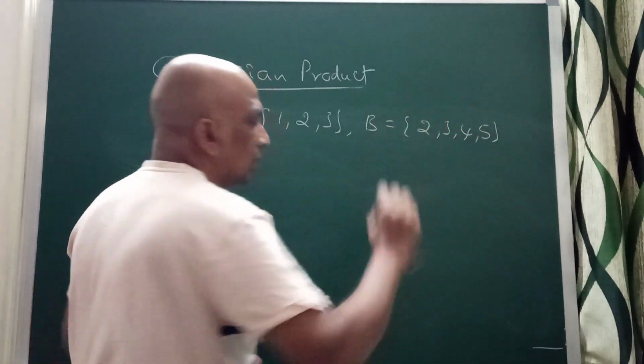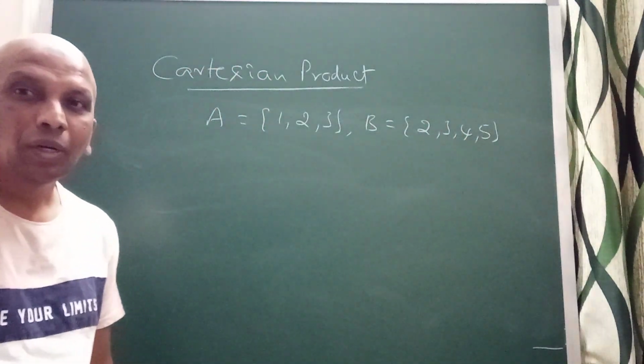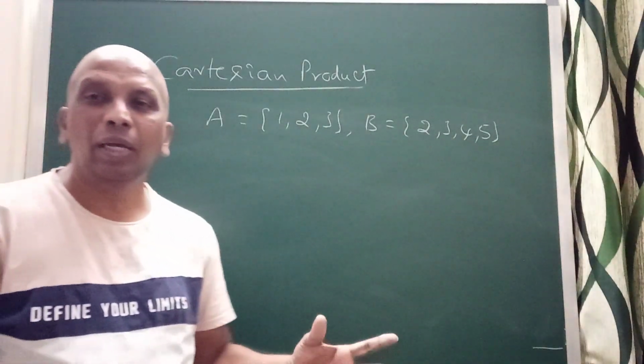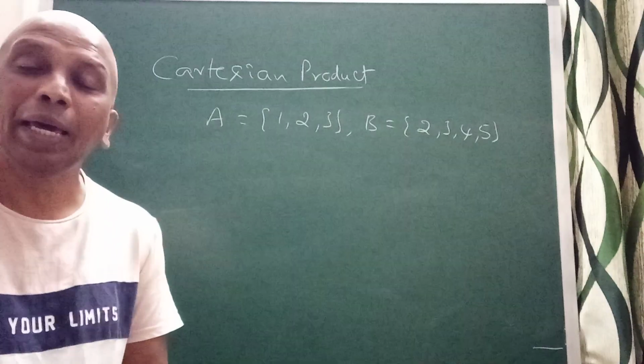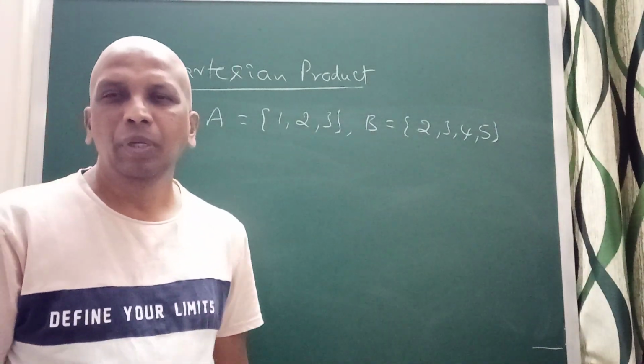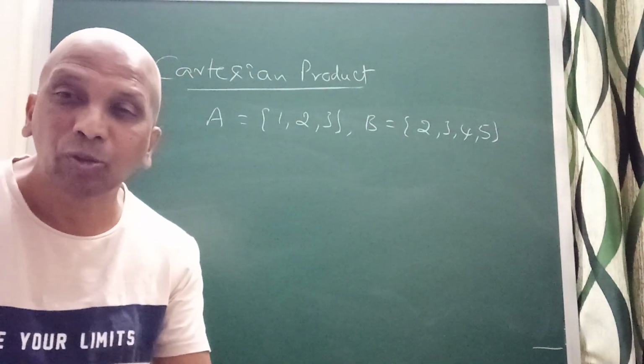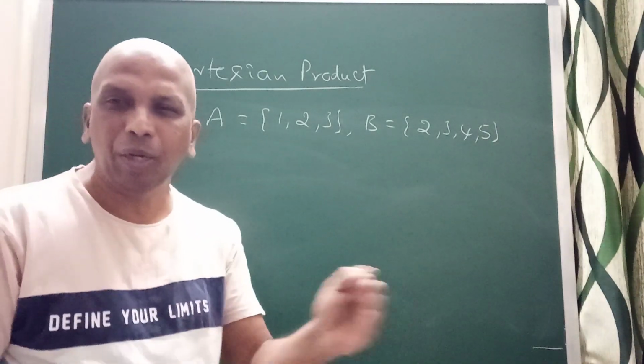My question is: how many ordered pairs will be common in A cross B and B cross A?